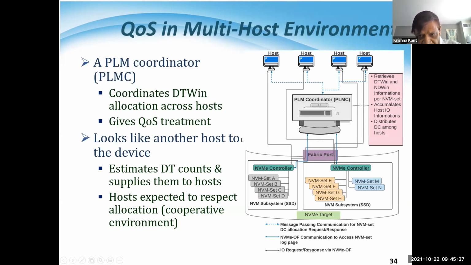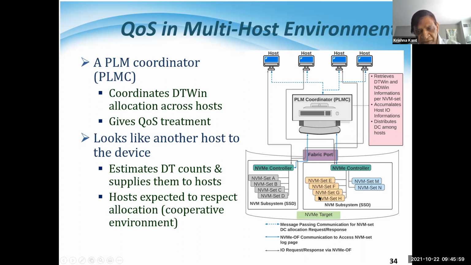So we tried to tackle this problem in 2 ways. One is that we tried to tackle the multi-host issue by putting a coordinator in between, and all the hosts talk to this coordinator, but the coordinator looks just like another host to the device.